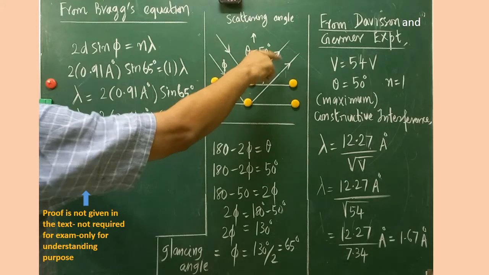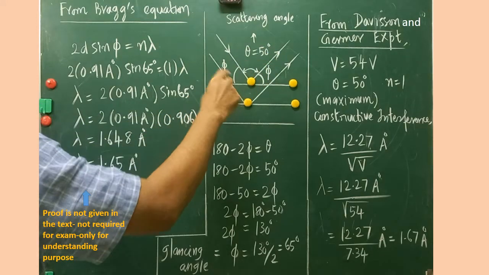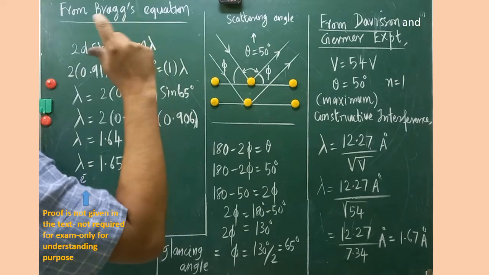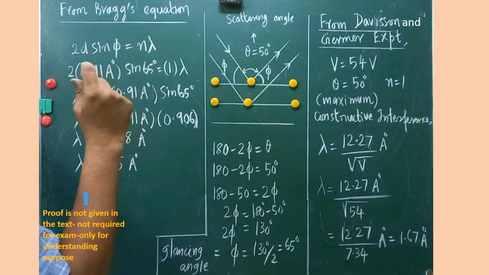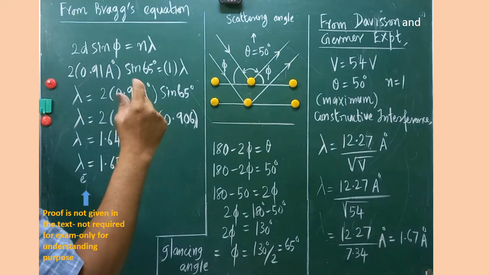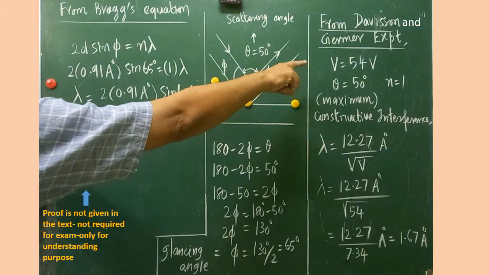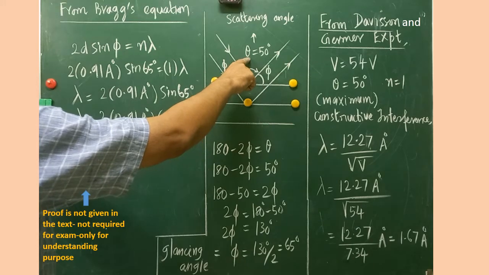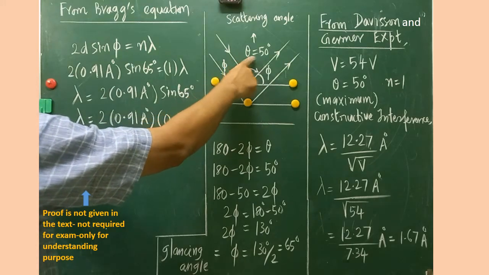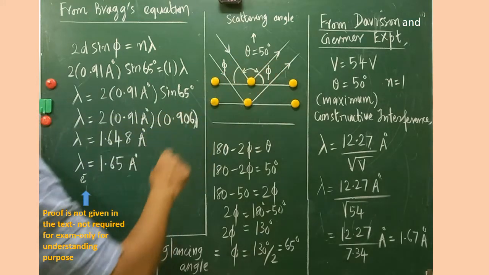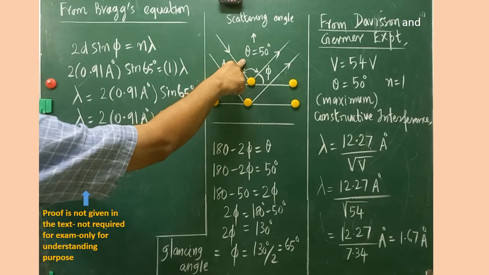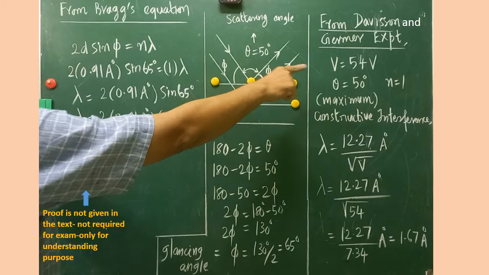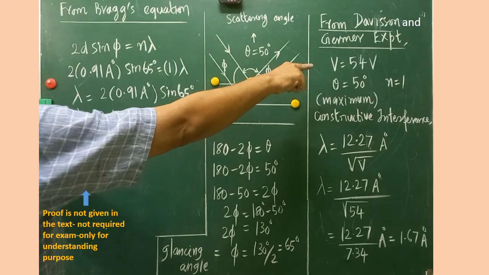So, to get the maximum intensity X-ray, a potential difference must be applied between the cathode and anode in the Davisson and Germer experiment setup. There, at the voltage of 54 volt and a scattering angle of 50 degree, this constructive interference happens. Now we know the value of scattering angle theta, which is equal to 50 degree, at the accelerating potential of 54 volt.